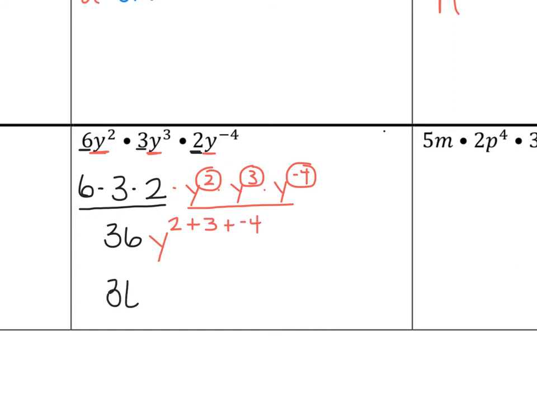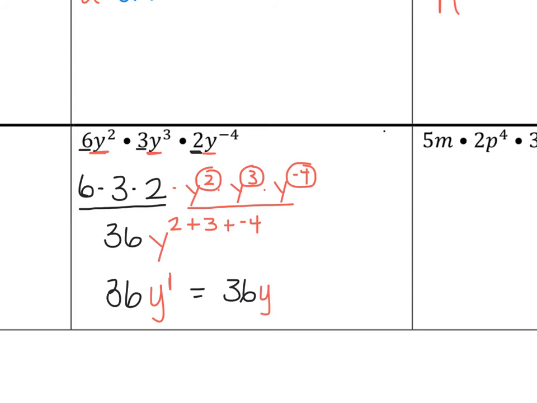The 36 is not going to change. And 2 plus 3 is 5. 5 plus negative 4 is 1. You can write it like this, or you can write it as 36y, because y to the first and y to the 1 are the same thing.